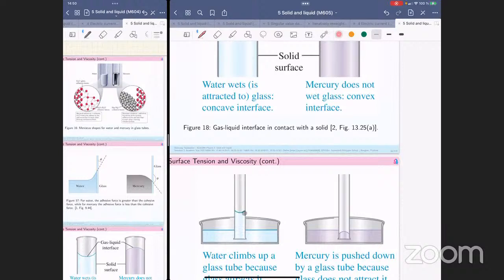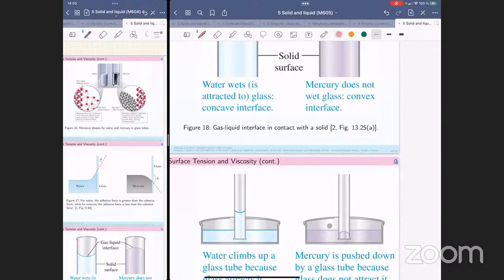For the water, you could see that the level of the water inside the capillary tube is higher than the level of the surrounding water inside a big container here. And compared to another case, on the other hand, the mercury level inside the tube, the capillary tube, is a little bit lower than the mercury surface in the big container here.